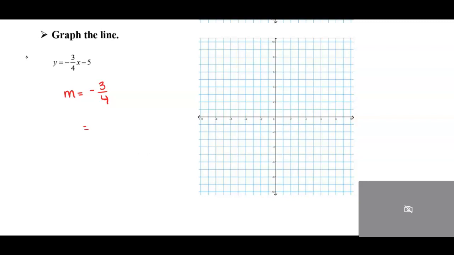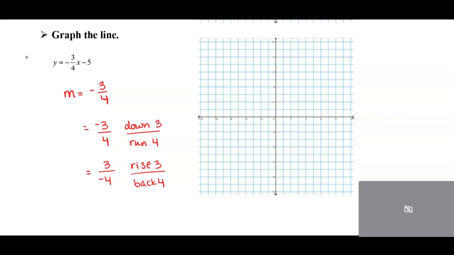You could call this a -3 over +4, and that will mean down 3 and then run 4. Or you could call this a +3 over -4, which will mean rise 3 and then go back 4.